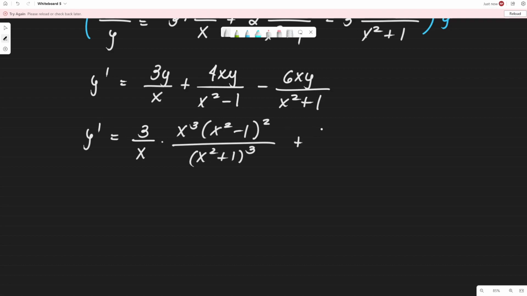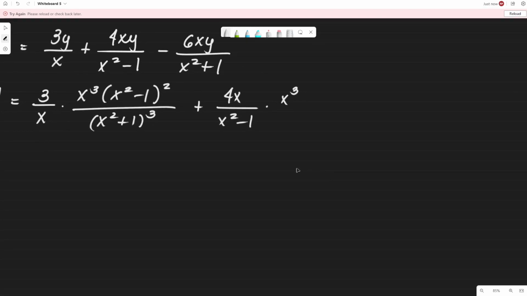Then plus 4x over x squared minus 1 times x cubed, x squared minus 1 squared over x squared plus 1 cubed. Wag kayo magsisimplify, guys, kasi may mga makakancel dito definitely.